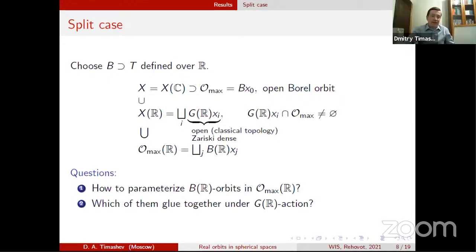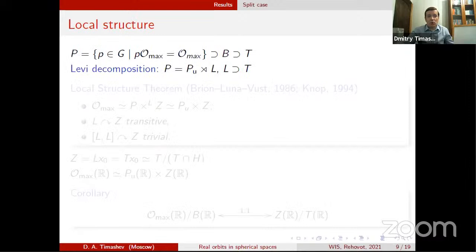So let me try to explain how we answer these two questions in the split case. The first question is actually easy to answer. The answer is based on the so-called local structure theorem, which goes back to Brion-Luna-Vust. Let me introduce some notation. Let's denote by P the parabolic subgroup containing B, which preserves the open Borel orbit O max.